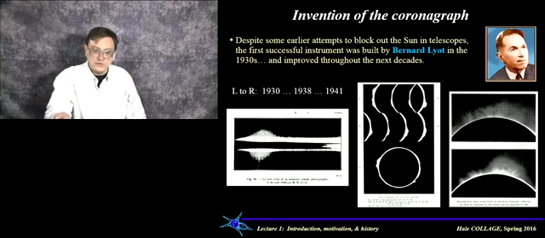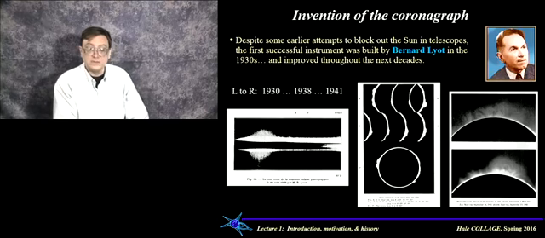But you can see the gradual improvement of the observations from the 1930s to the 1940s, and now as we go into the 1990s and 2000s, the coronagraph technology got much better with space-based coronagraphs. This movie shows you a sequence of coronagraph images.